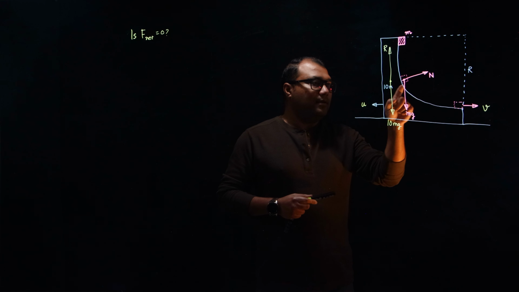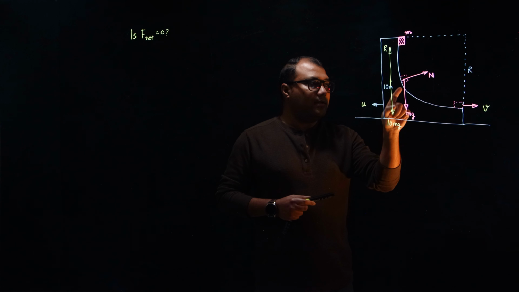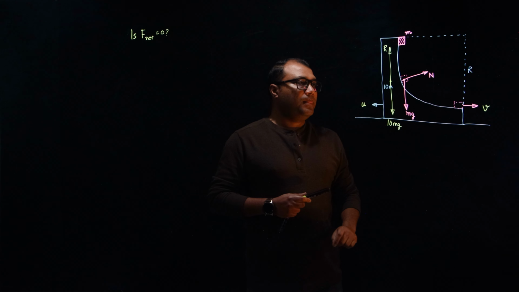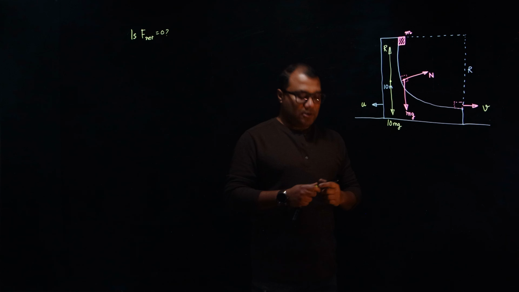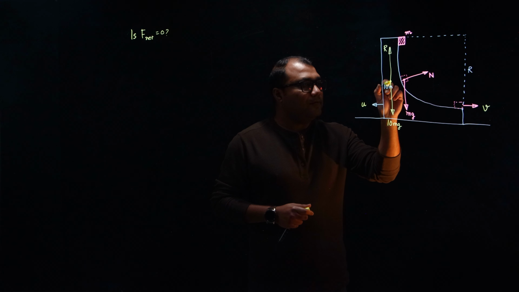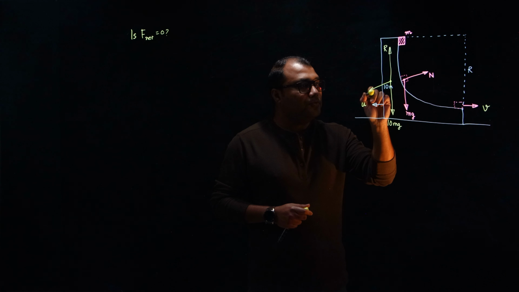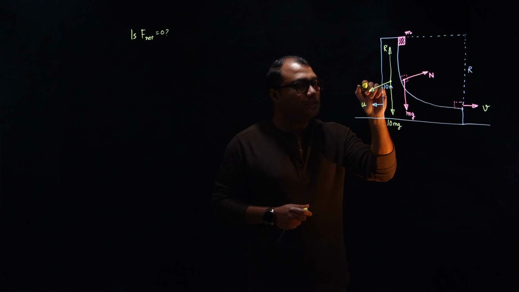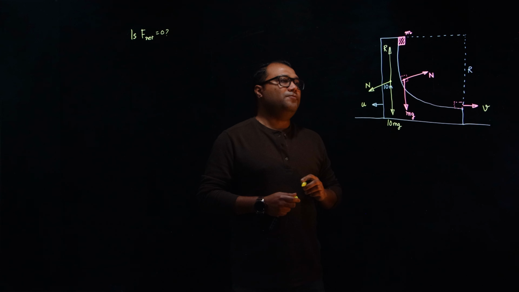This N is the reaction that this body 10m gives on m. So based on Newton's third law of motion, the small m will also give an equal and opposite reaction to this, which is the same as the normal force N.